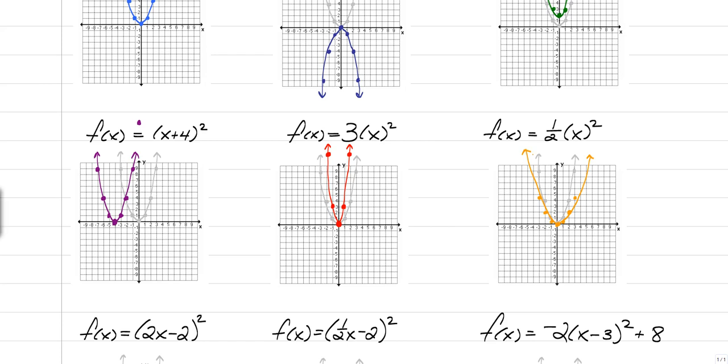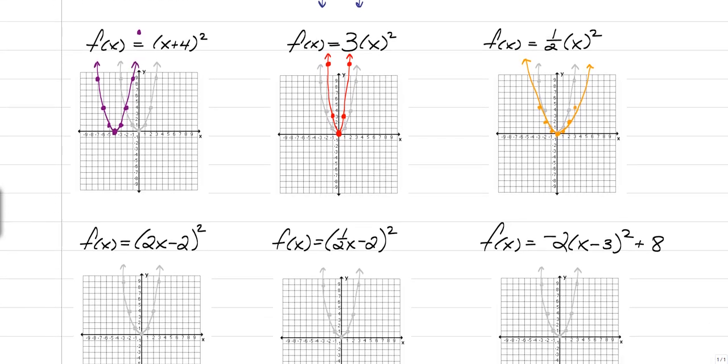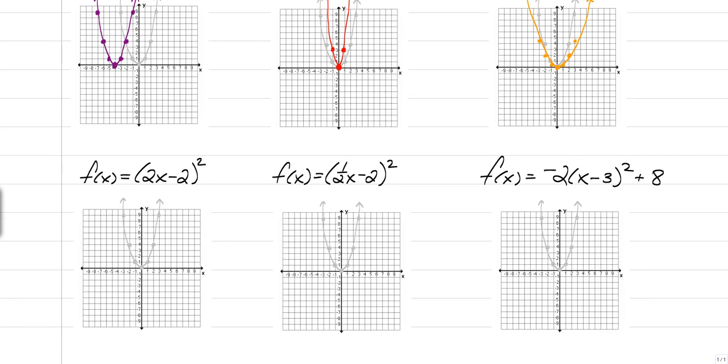Okay? Now this is the one that's the curveball. Again, it's opposite of what you think because the a value is inside. So if we were to look at 2 times x minus 2, we're messing with the x values now. We're not messing with the y values.